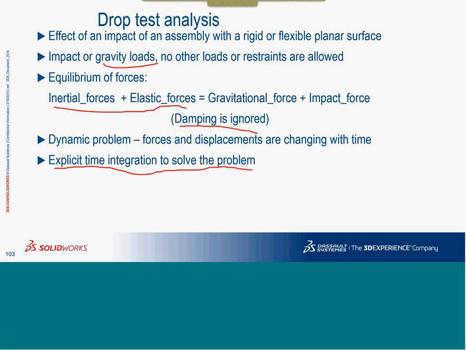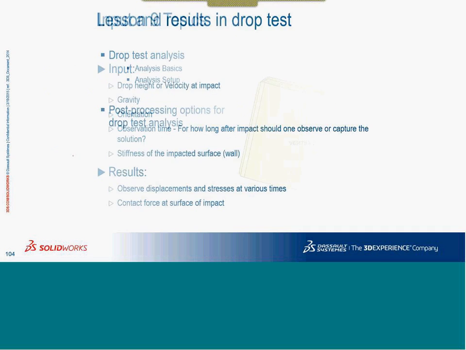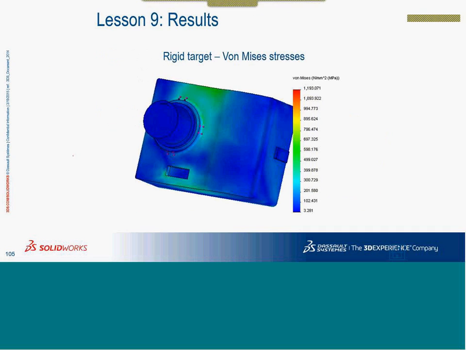This is more of a balance between inertial forces plus elastic forces, versus gravitational forces and impact forces. Yes, then we'll see it in the software. I will also show this in the software.